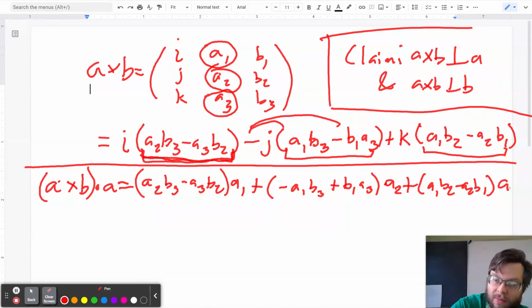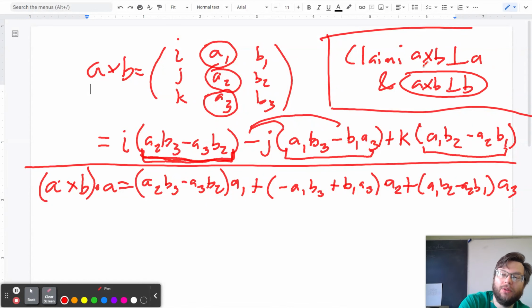Now I want you to just pause for a second. If I was trying to prove the second half of the claim, what would be different? My A1, A2, and A3 would just be B1, B2, and B3. Remember, what's the goal? If the dot product equals 0, then I have perpendicular vectors. So let's distribute and hope everything cancels out.